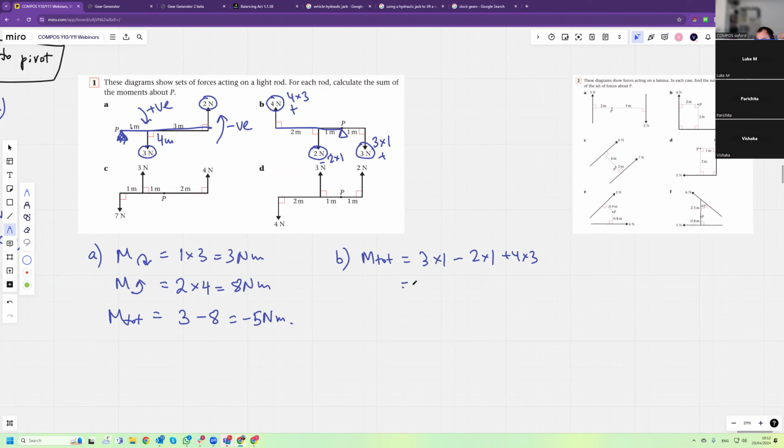So that's 3 minus 2 plus 12, which is 13 Newton meters clockwise. Now it's minus 5 Newton meters clockwise, so it might as well say that it is 5 Newton meters counterclockwise, which is the same thing.